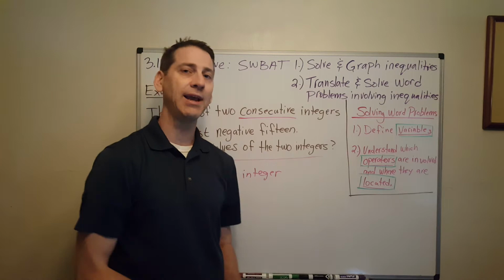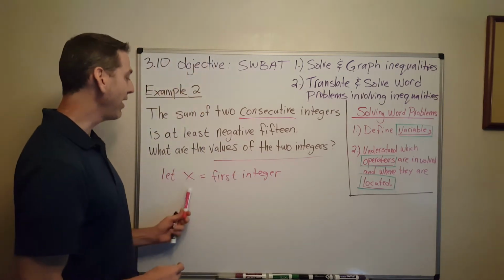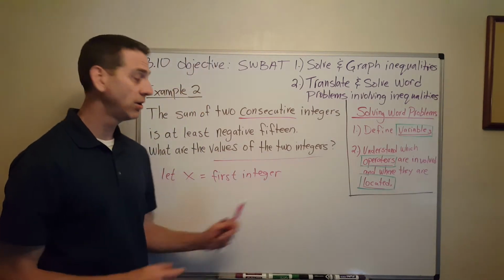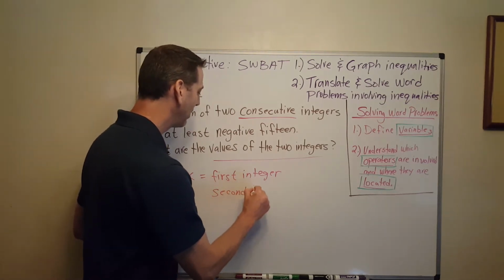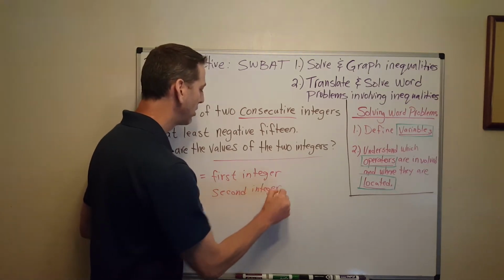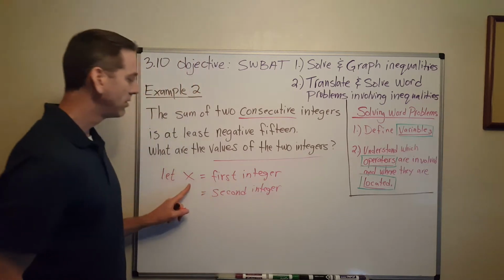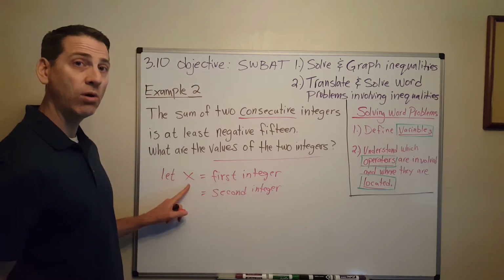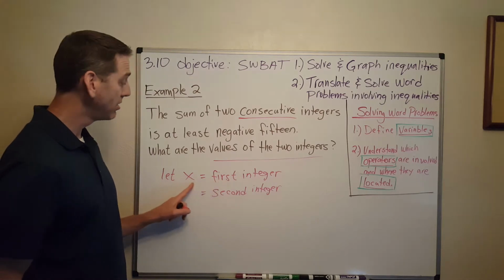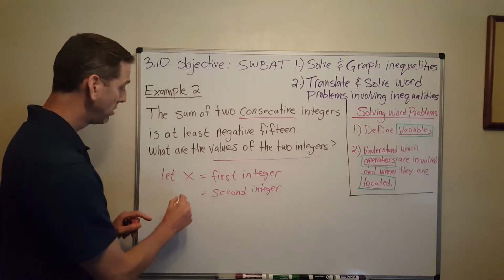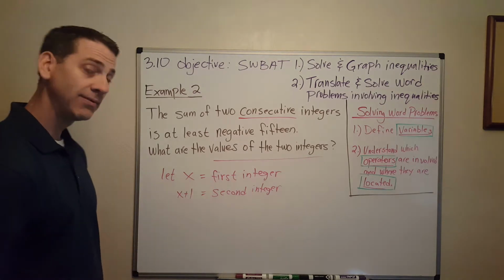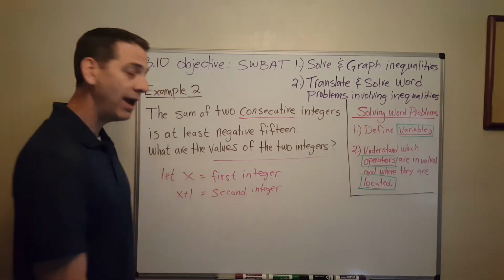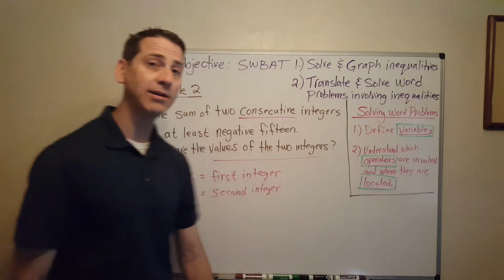So if x is my first integer, what will be my second integer? It's just going to be one more than my first integer, so I can just add 1. So x plus 1. There you go.